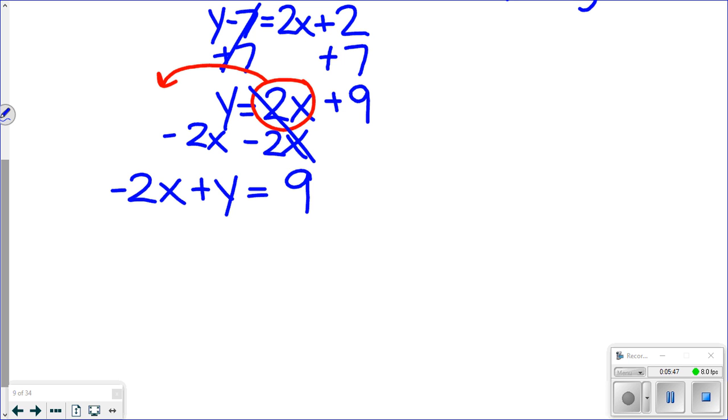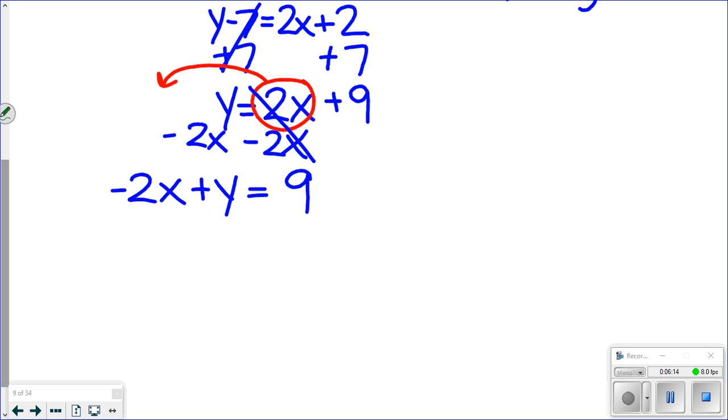Now remember, we had rules. One of the rules was no fractions or decimals. I can check off that box, pass that rule. The next one was that a had to be positive. I fail that test. Look, we have a negative 2 out in front. That cannot happen. So we need to get rid of this negative, and we can do that in 2 ways.